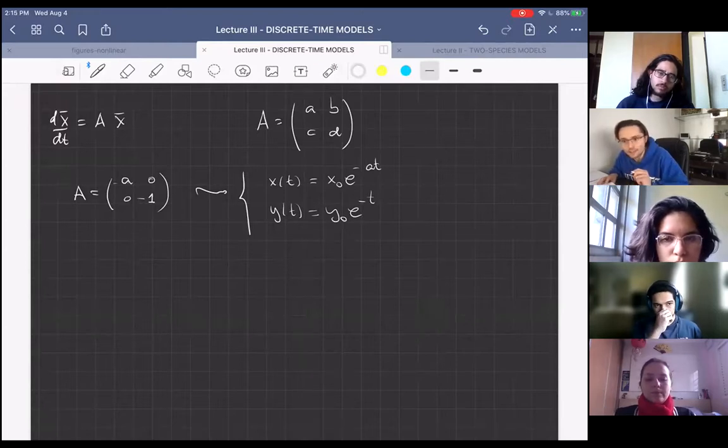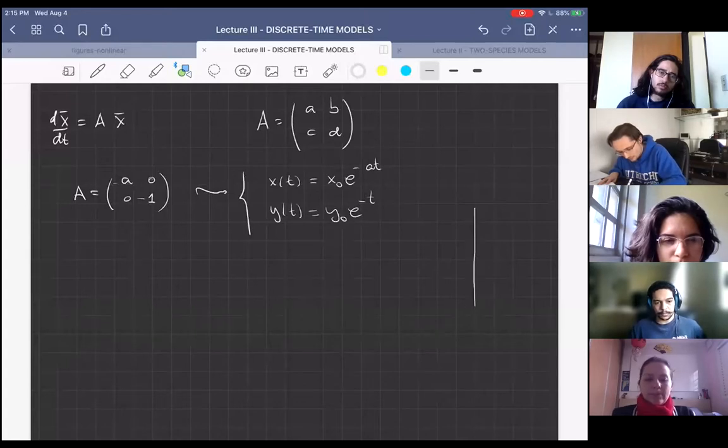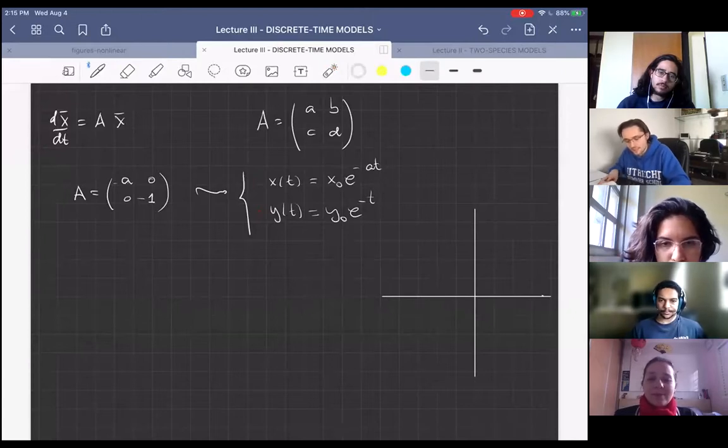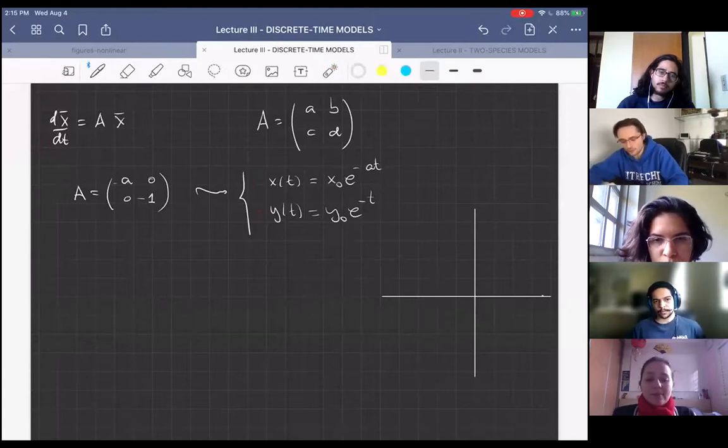Why am I interested in this type of solutions? Because now if I go to the phase space that we drew yesterday, the dynamics in each of the dimensions is independent from each other. So I can study them separately. For instance, imagine that I ask you now, what is the long-term behavior of this system?